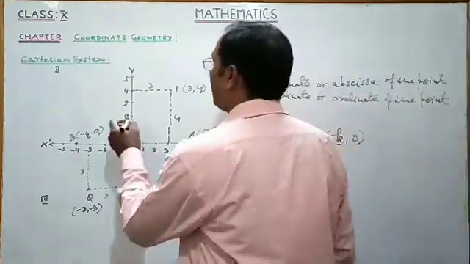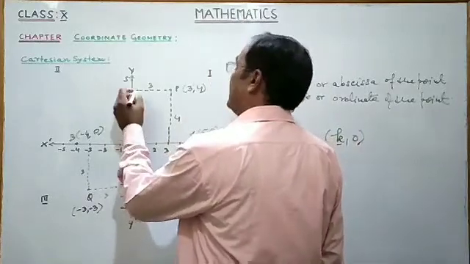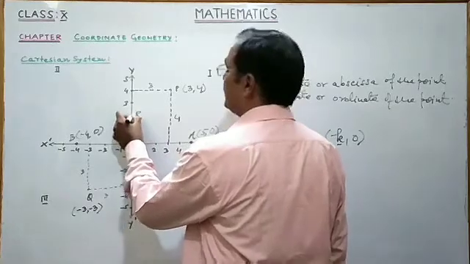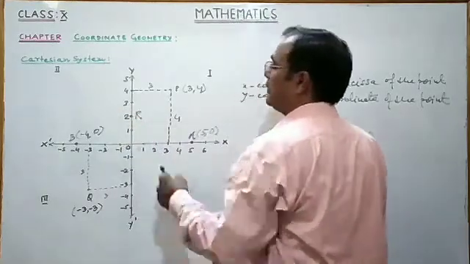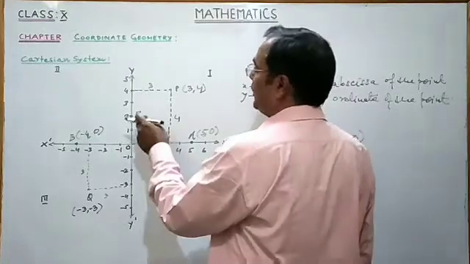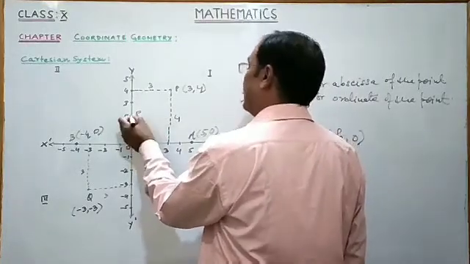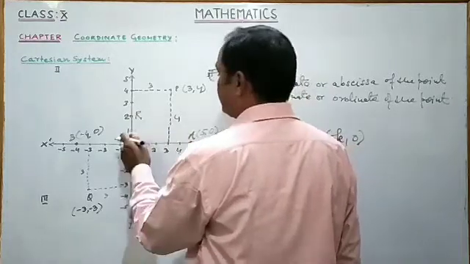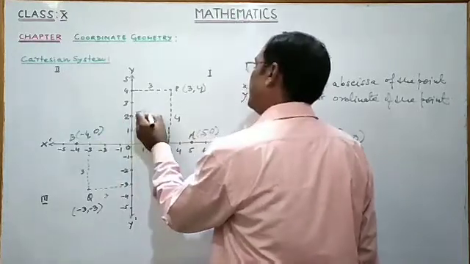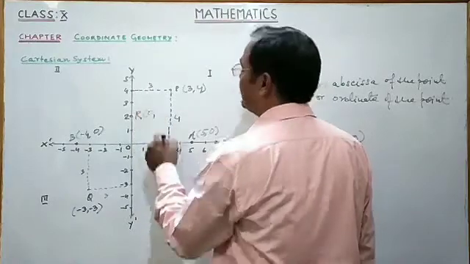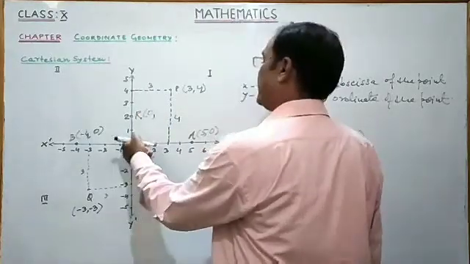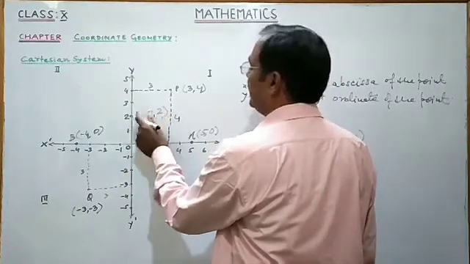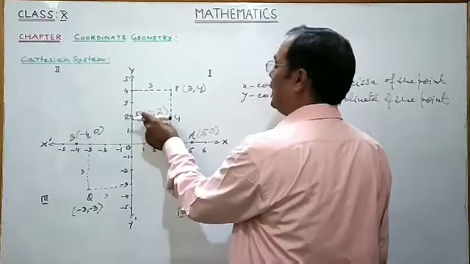Similarly, if you take a point, suppose R here, which is on the y-axis, what are the coordinates of this point R? This point R has no distance on the x-axis, neither on the positive side nor the negative side. So the distance on the x-axis is 0 and the distance on the y-axis is 2 units. So the coordinates of this point R are (0, 2).